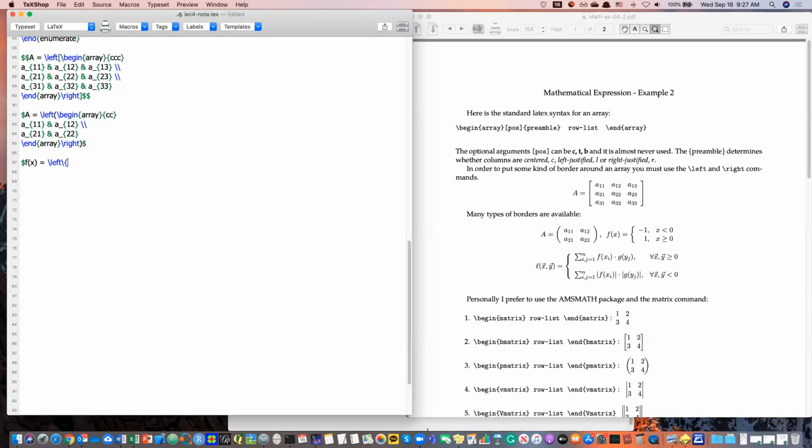Now this one, left, the brace, and the begin array. We can consider that this is a 2 by 2 matrix: negative 1, x is less than 0, and then 1, x is greater than or equal to 1. A 2 by 2 matrix, right?